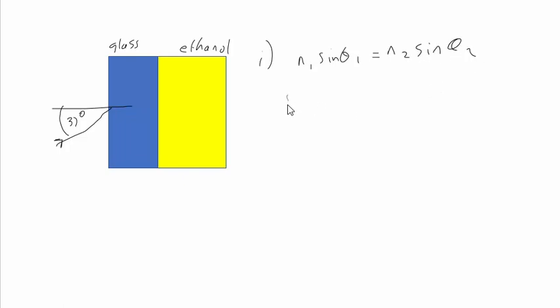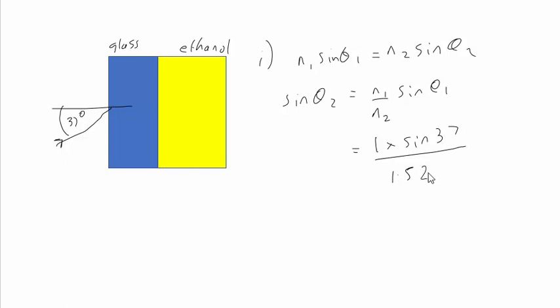In this case we're after sine theta 2, and this is n1 over n2 sine theta 1. n1 in this case is air, which has a refractive index of 1, times sine of 37 over the refractive index of glass of 1.52, and this gives theta 2 as 23.3 degrees.